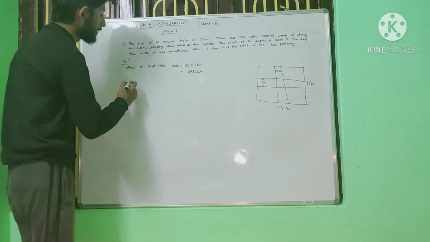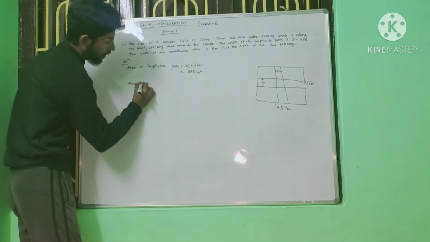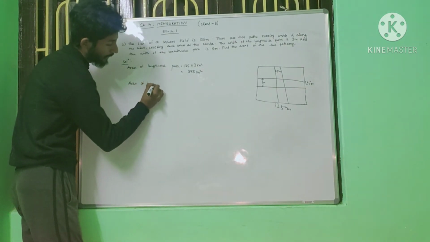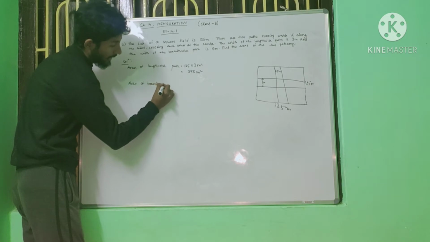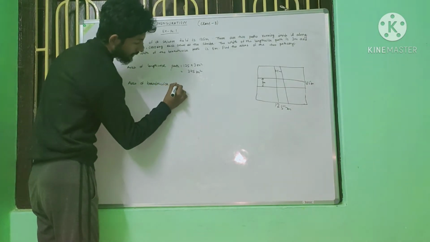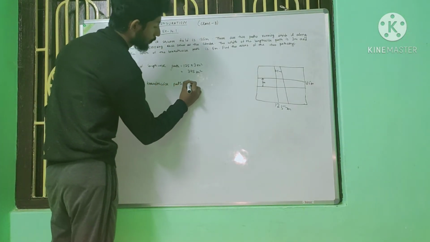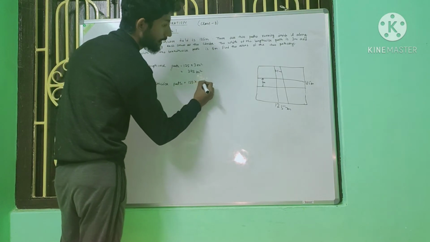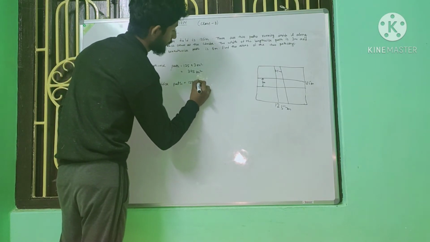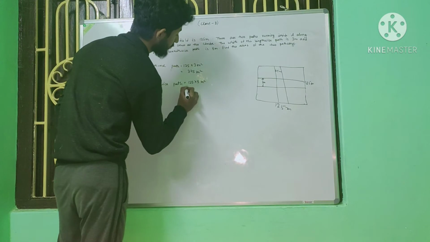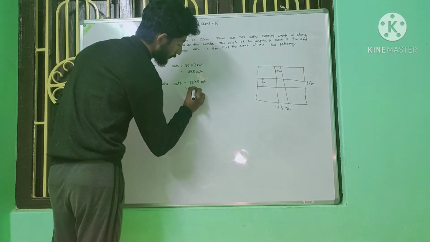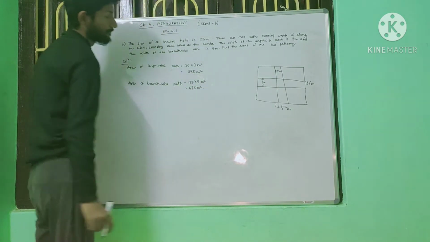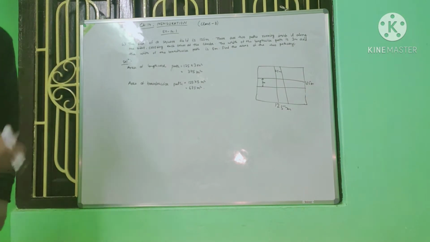If you see the area of breadthwise path, that will be 125 into 5 meter square, which means 625 meter square. Very easy.